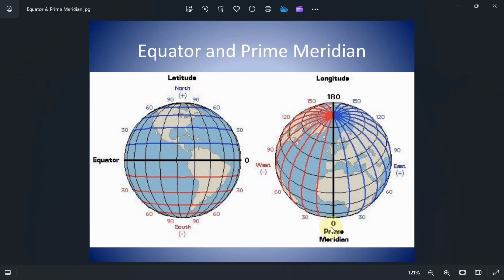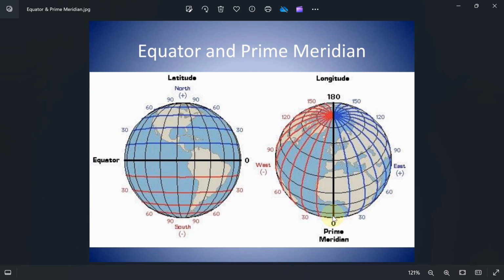It passes through Greenwich, England, and serves as the reference point for determining time zones and navigation.